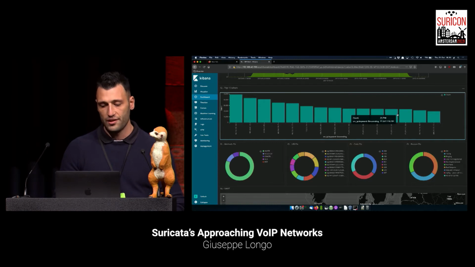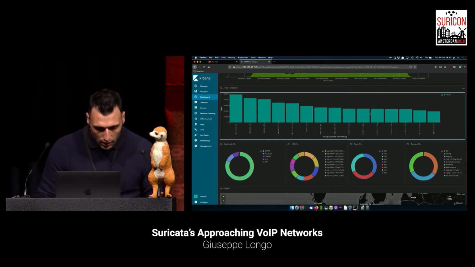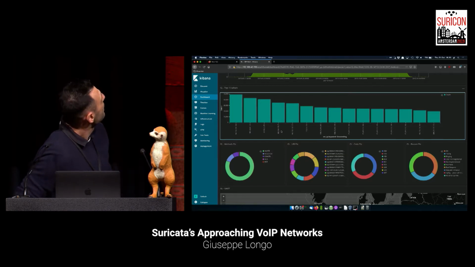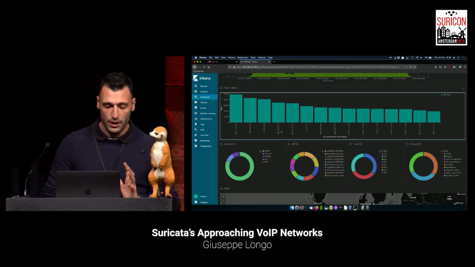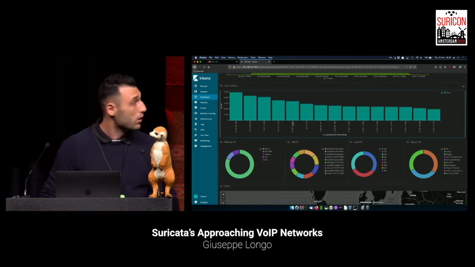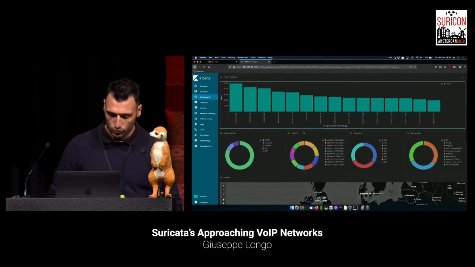And also they send almost the same amount of requests. And we have a similar situation for these IP addresses. Maybe it's not really clear, but they are almost the same. The network seems the same.